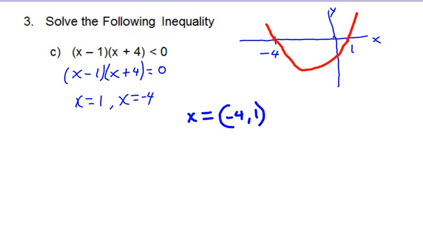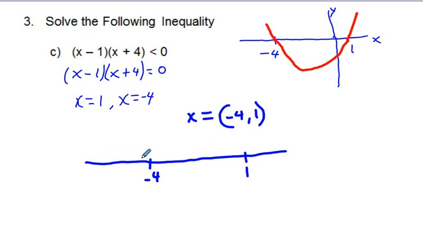If we write this out as a number line and put -4, comma 1 over here, we can put the sign above the x-axis and figure out where it is. So we can try different numbers.